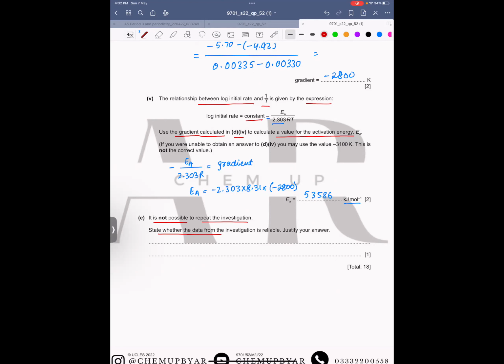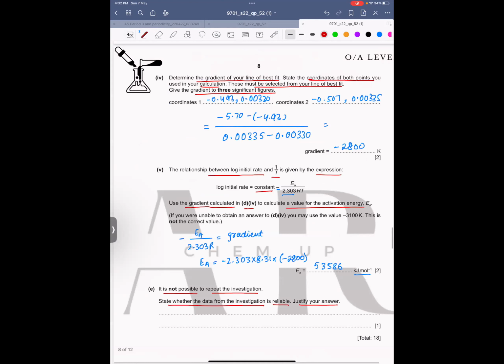Now, the last part, it is not possible to repeat the investigation, okay? State whether the data from the investigation is reliable, justify your answer. So if you see the data over here, we are getting the anomalous point. So if there are anomalous points, we can't rely on this data.